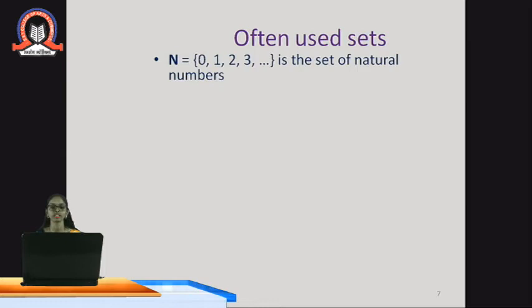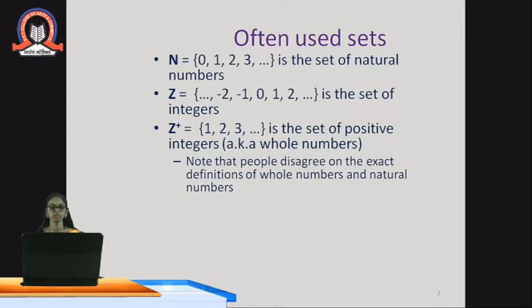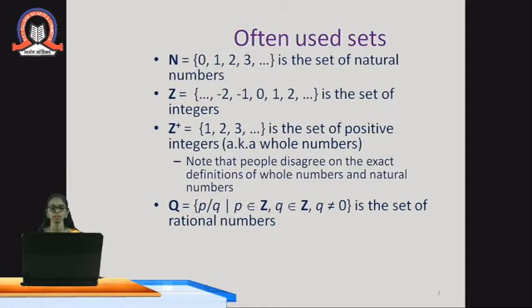We often use the set N = {0, 1, 2, 3, up to infinity}, the set of natural numbers. Z is the set of integers. When we write Z plus = {1, 2, 3, 4, up to infinity}, it is the set of only positive integers. Note that people disagree on the exact definition of whole numbers and natural numbers.